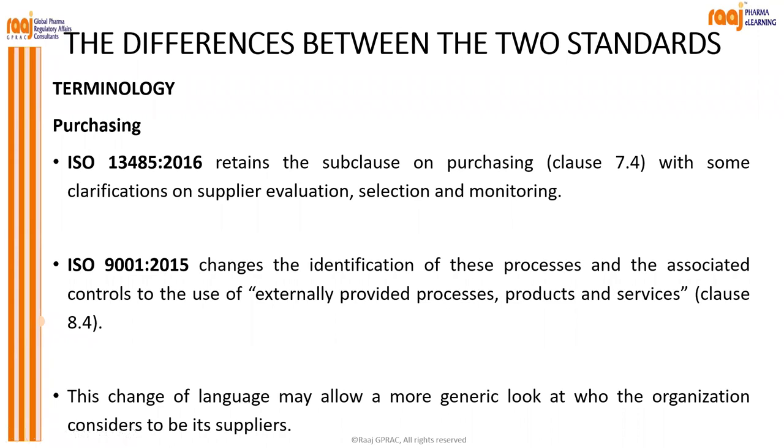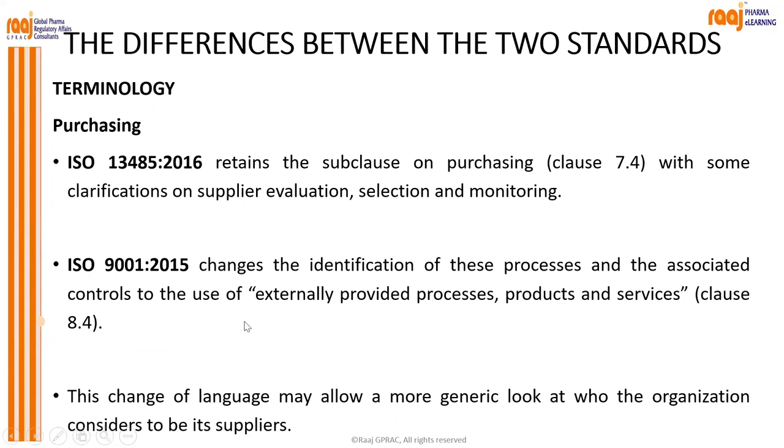Then the next terminology is purchasing. ISO 13485:2016 retains the subclause on purchasing with some clarification on supplier evaluation, selection and monitoring. Whereas ISO 9001:2015 changes the identification of these processes and associated controls to the use of externally provided processes, products and services.